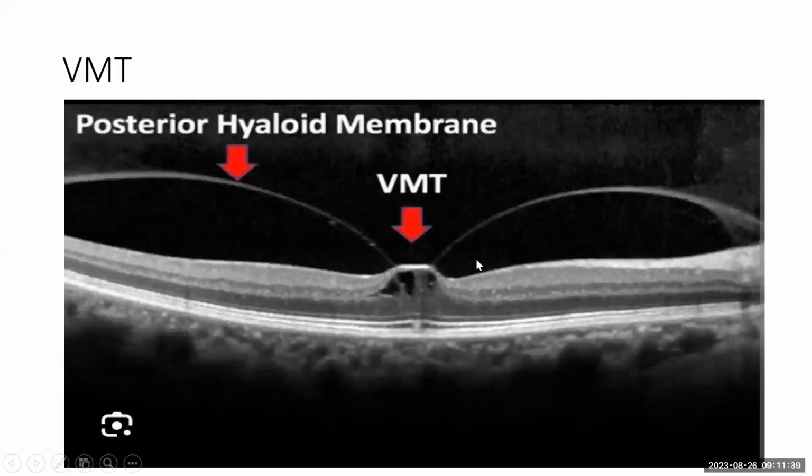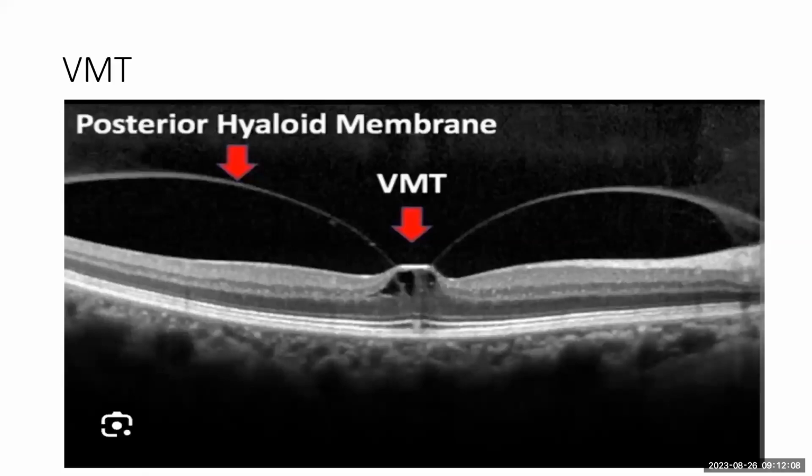If you look carefully, the foveal depression is lost. So the macula is pulled upward. And you can see that we have some intraretinal hyporeflective spaces. And that's because of the disturbance of the foveal contour. So this is vitreomacular traction.